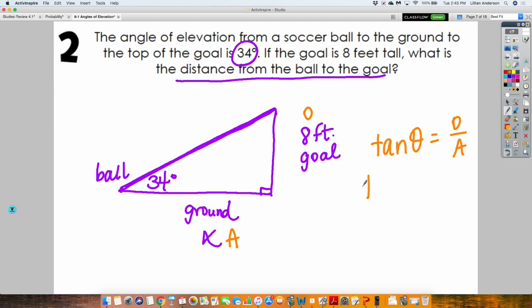When I plug everything in, what's my angle? 34. What's my O? And my A? So for this particular one, you're going to multiply by X, and then divide by tangent 34.